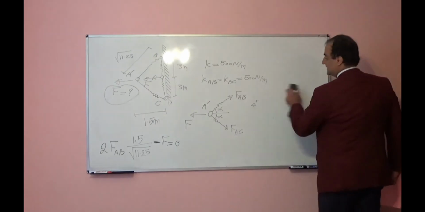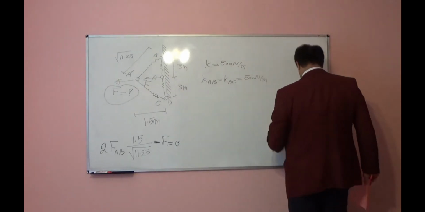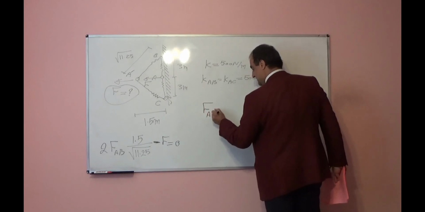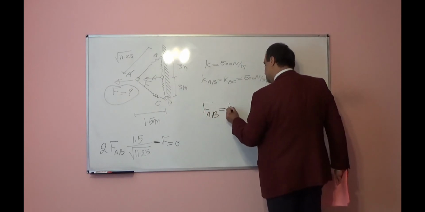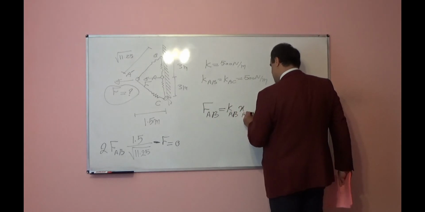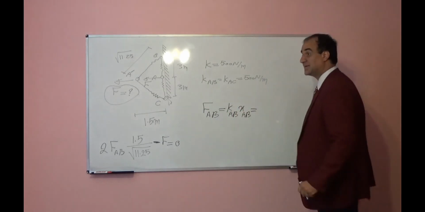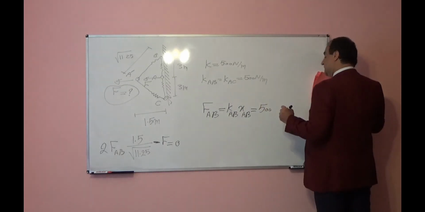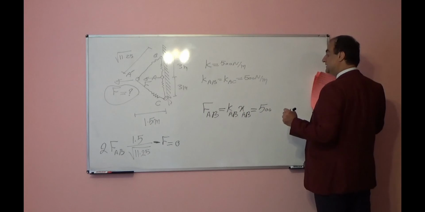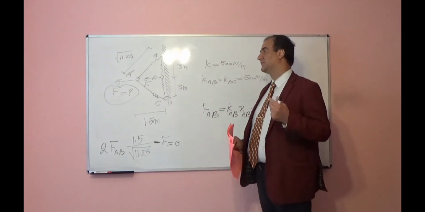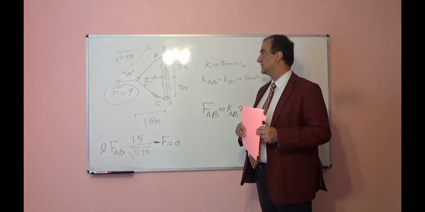FAB in the spring will be the stiffness of that spring times the deformation of that spring. The stiffness of that spring is given, it is 500 Newton per meter. But what is the elongation or deformation in that spring?